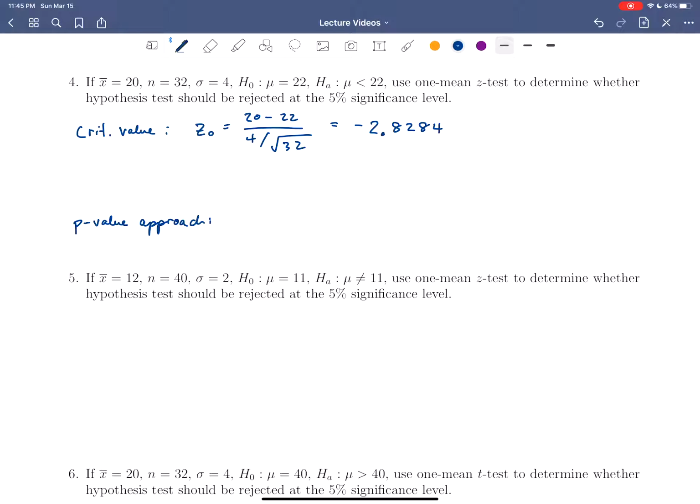If we have a 5% significance level, what we're going to do is look at our standard normal distribution. We have to think about what's our cutoff. So this is going to be negative z sub 0.05, and that z sub 0.05 value is found on our t-distribution chart.